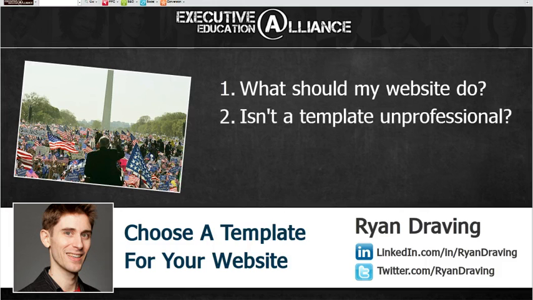We're going to move on to the next section of this video and talk about what a template is, and whether it is professional enough to represent you. The templates that I'm recommending are pre-made websites that you can then customize with your logo, imagery, and wording, and essentially make them your own website. The advantage of a template over a custom-built website that's built from the ground up is you already have someone who has put in all of the work of that initial first 2 or 3 phases of building a website.